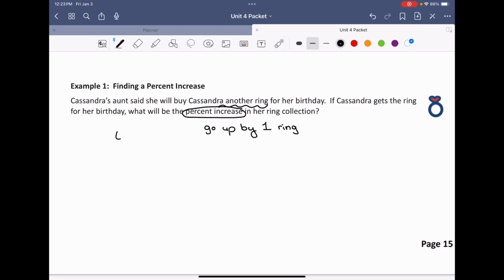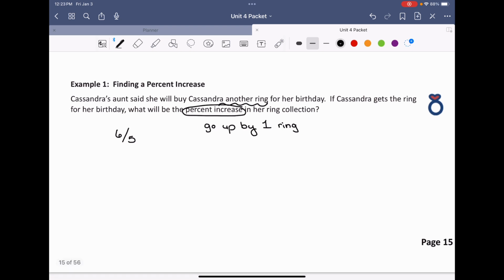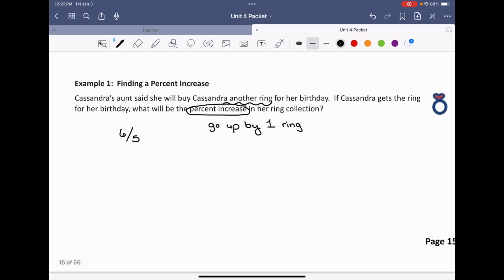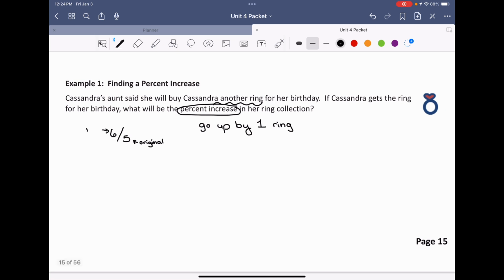But now she's going to have 6 out of her original amount, 6 out of 5. When we take a look at percents with new amounts and original amounts, our original amount is going to be the whole, and our new amount is going to be the part.